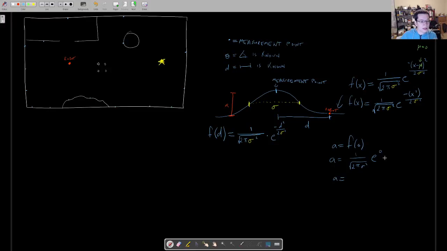Now e to the 0 is just 1. So we're going to have A equals... hang on, I am confused.